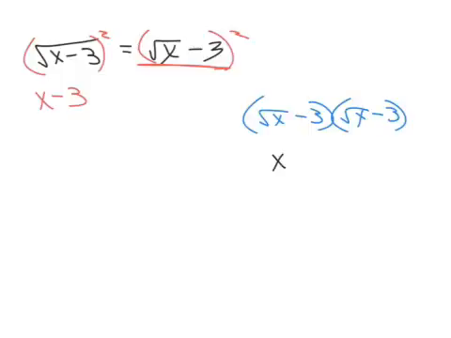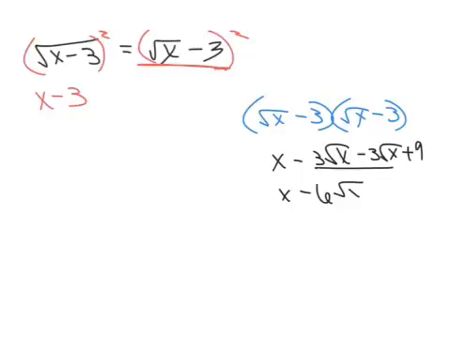So that's F. O for FOIL would be the outsides, minus 3 square root of x, because it would be this one and this one. And then we have minus insides. And then we have last, plus 9. And then we can add these up. Okay, and that's what goes right here.